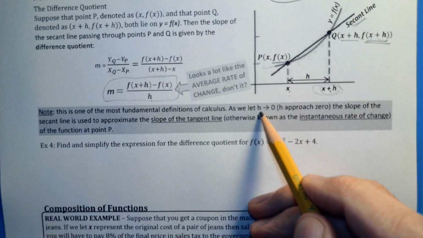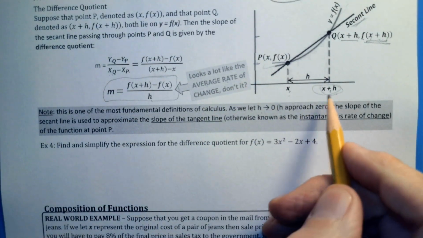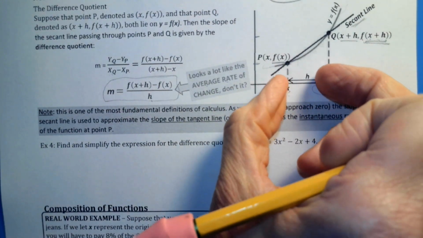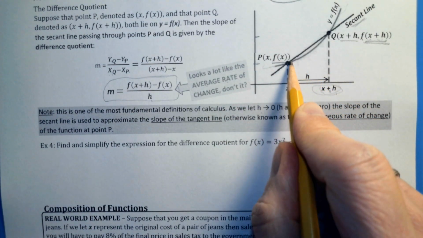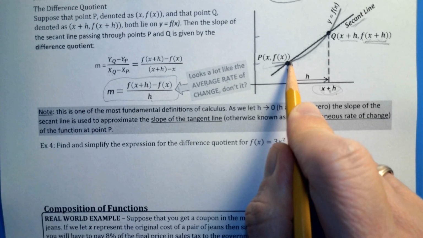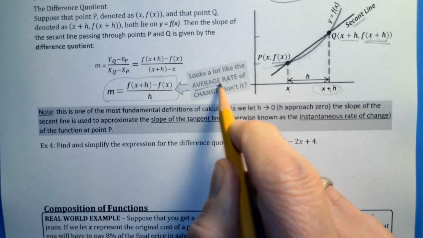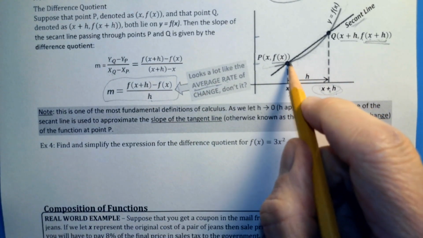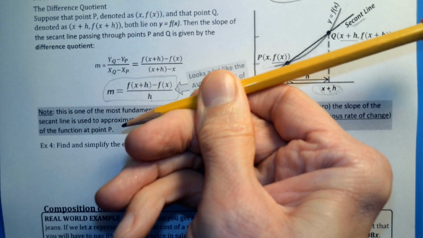If we let h approach 0, so h gets smaller and smaller, this x plus h, again, h is getting smaller and smaller. This point is coming down closer and closer to this point, and so it's really super duper close to it, infinitesimally close. So instead of having the average rate of change, we have what's called the instantaneous rate of change, the slope to that curve at that point, right?